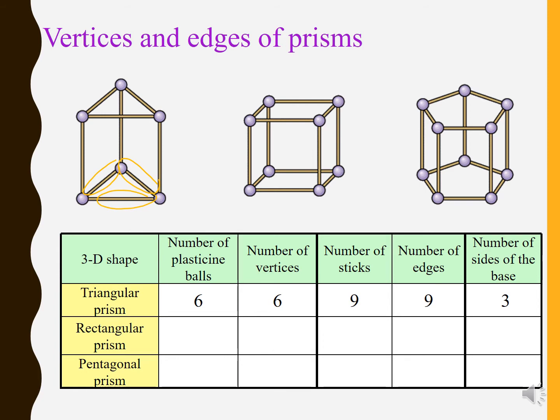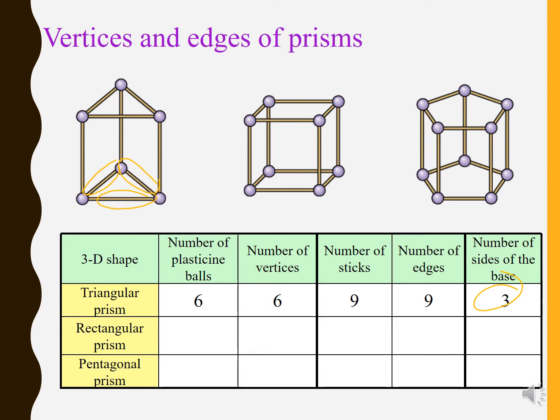Why do we need to find the number of sides of the base? Actually, there are some relationships between the number of sides of the base and the number of edges and vertices. Let's look at the rectangular prism. Maybe we can find out this relationship.